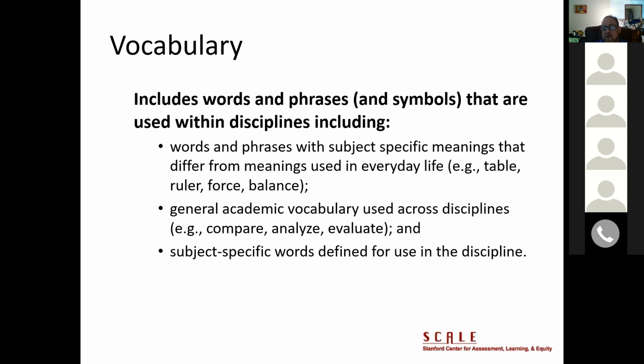General academic vocabulary is used across disciplines: compare, analyze, evaluate, and subject-specific words defined for use in the discipline.